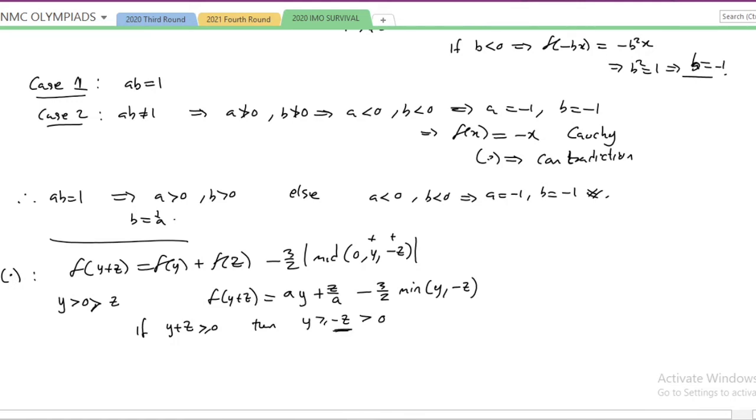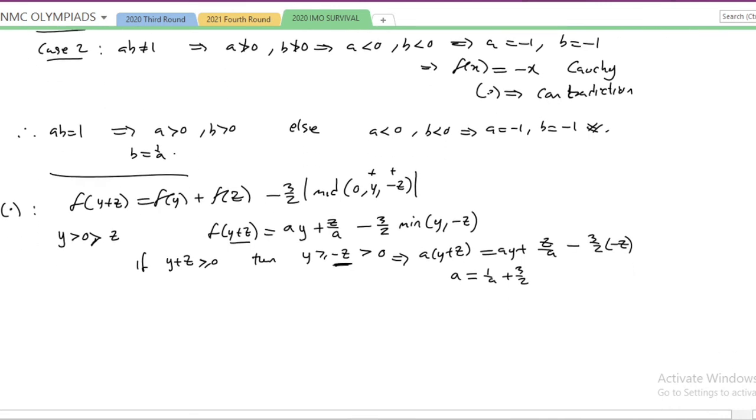So the minimum there is minus z, and since this is positive, what we end up getting is a times that: ay equals z over a minus 3 over 2 times minus z. So ay will cancel out, and striking out z, we're going to get a is equal to 1 over a plus 3 over 2.